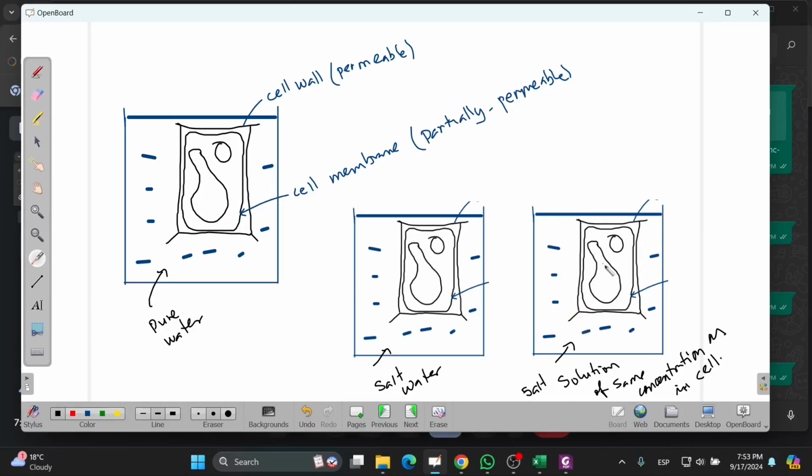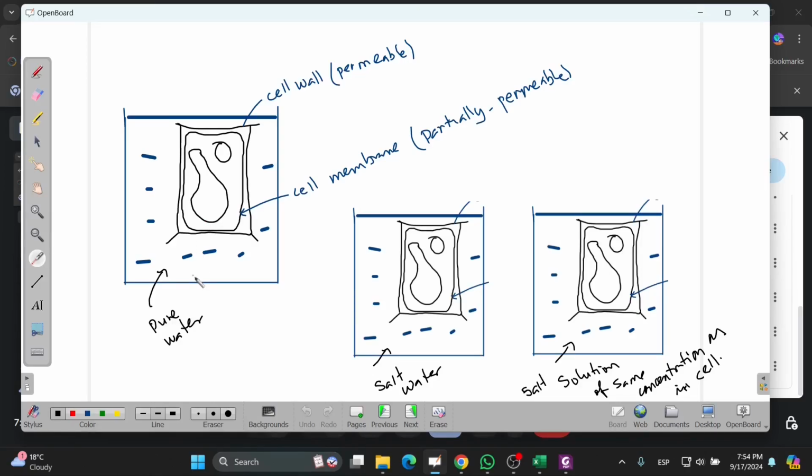It's the same concentration as inside the cell. So the cell wall will allow anything to go through, but not the cell membrane because the cell membrane is semi-permeable, right? Partially permeable. Here, since it's just water outside, and here in the cell, remember we have the cell sap, which is in the large vacuole here, just water with some substances dissolved.